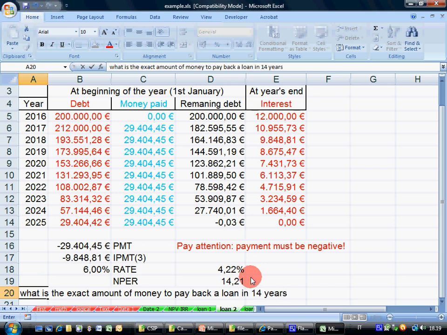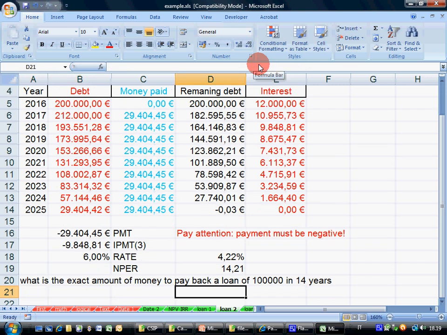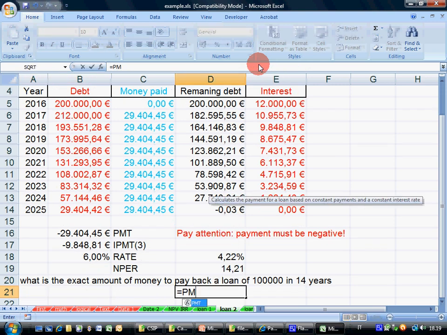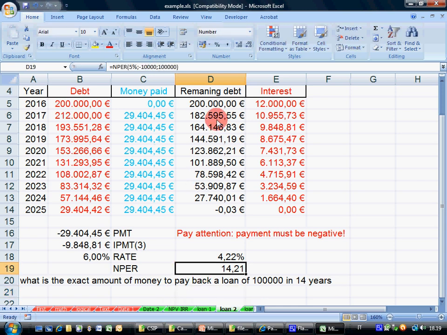A loan of 100,000 in 14 years. So equal PMT, obviously, rate. I didn't give you the rate. Let's suppose it's the usual 6% or 5. What was it here? 5%.